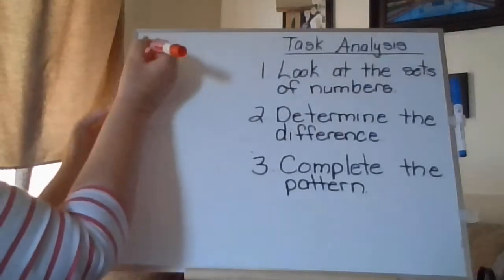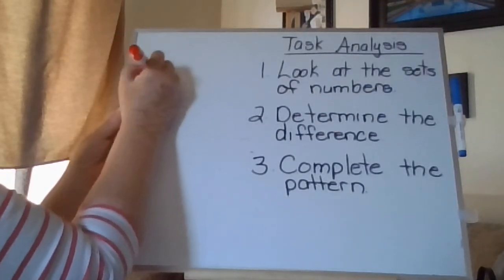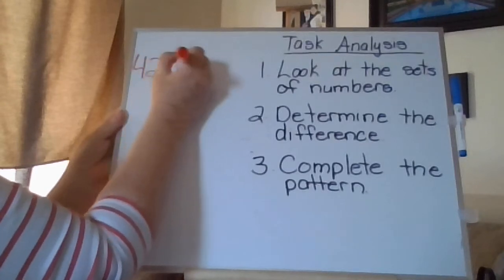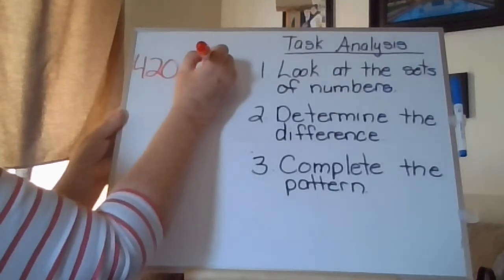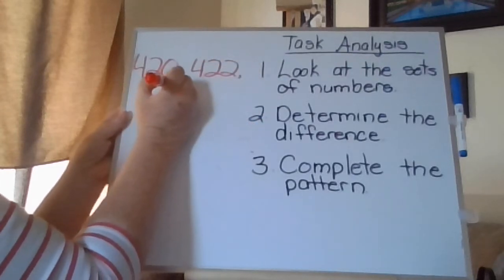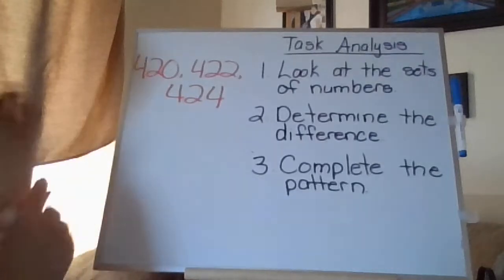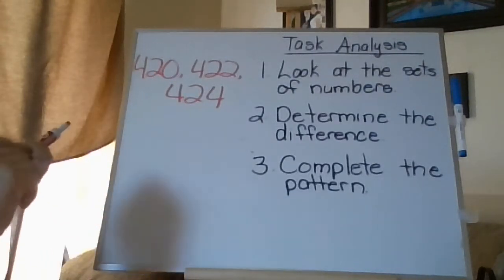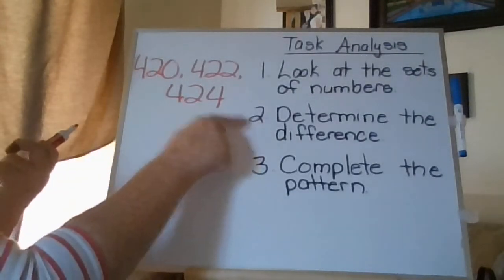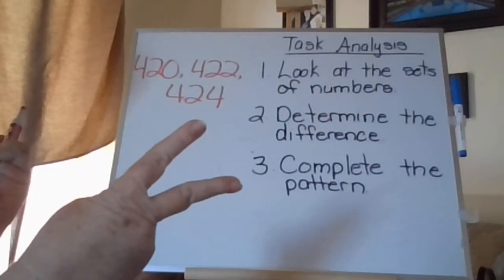How about if we do 420, 422, and 424. So we need the next 3 numbers. So if we count the difference, we determine the difference, 420, 421, 422.